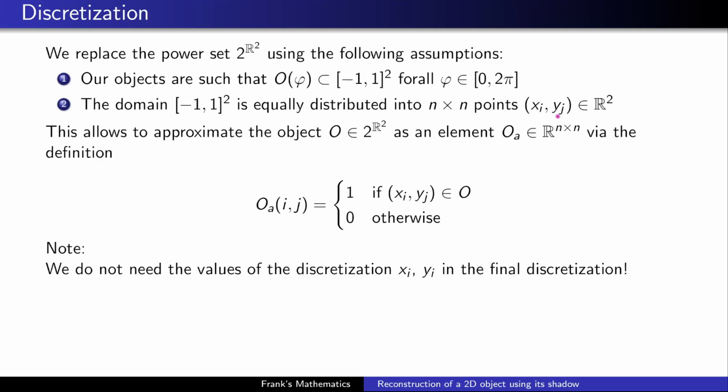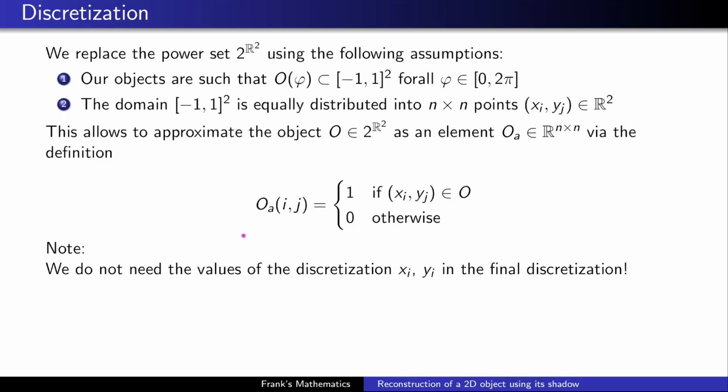With this distribution at hand, we now can approximate our object O, which is a subset of R2 or an element of its power set, as an element of R^(n×n), basically as a matrix, via the following definition. If our spatial coordinates x_i and y_j lie within our object O, then the element of this matrix at the position i, j is 1, or 0 otherwise.